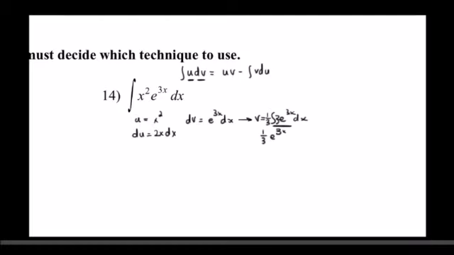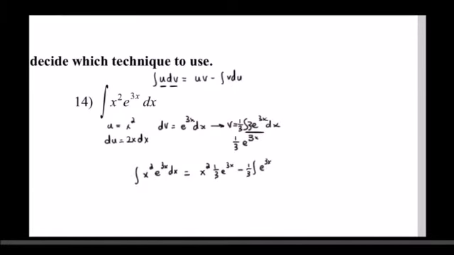So the original problem, x squared e to the 3x, is u times v, so x squared times 1/3 e to the 3x, minus the integral of v, which has a coefficient which I always pull out front, so 1/3 times the integral of e to the 3x times du. Now du is 2x dx.